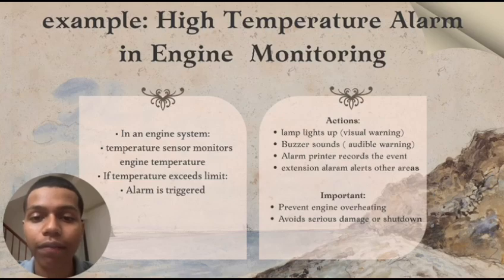When that happens, a few actions will take place: the lamp will light up as a visual warning, the buzzer will sound as an audible alert, and at the same time the alarm printer will record the event. The extension alarm will also send alerts to other areas so that the relevant personnel are aware of the situation. This is important because it helps prevent the engine from overheating and avoids serious damage or even system shutdown.